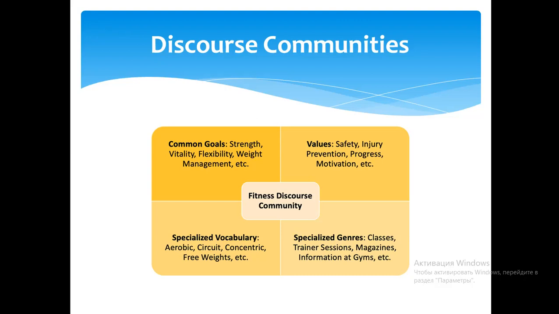These different genres not only help the people in these groups get certain things done, they also help to define these groups, to keep out people who do not belong in them, and to regulate the relationships between the people who do belong. John Swales calls these groups discourse communities.